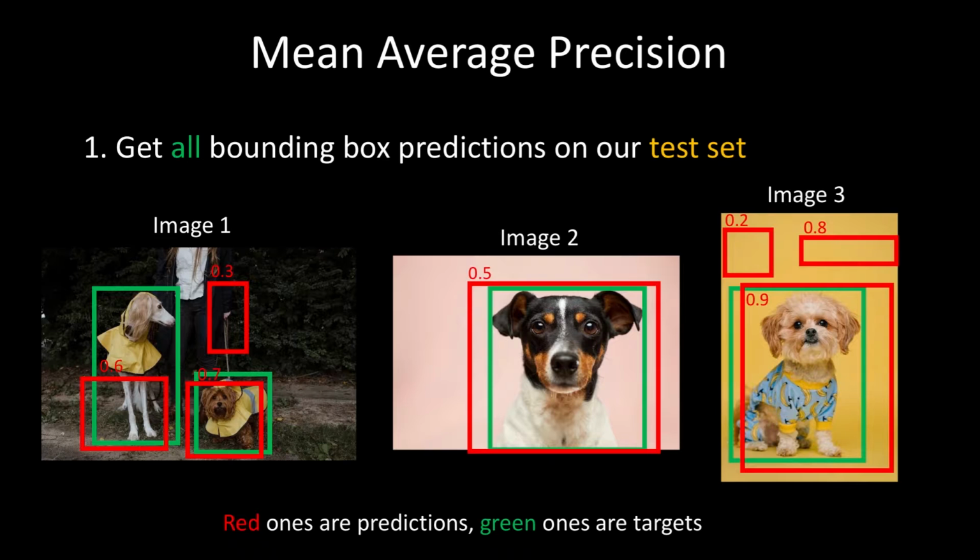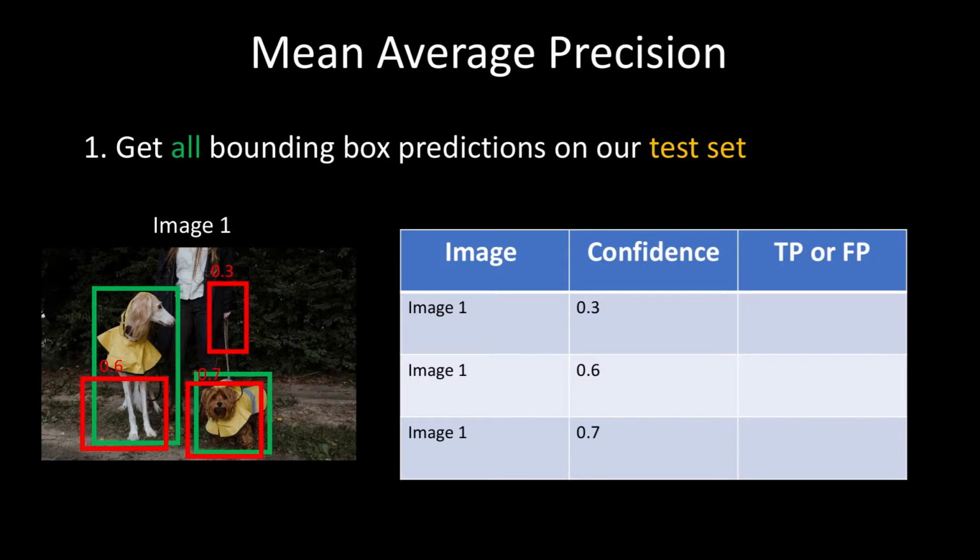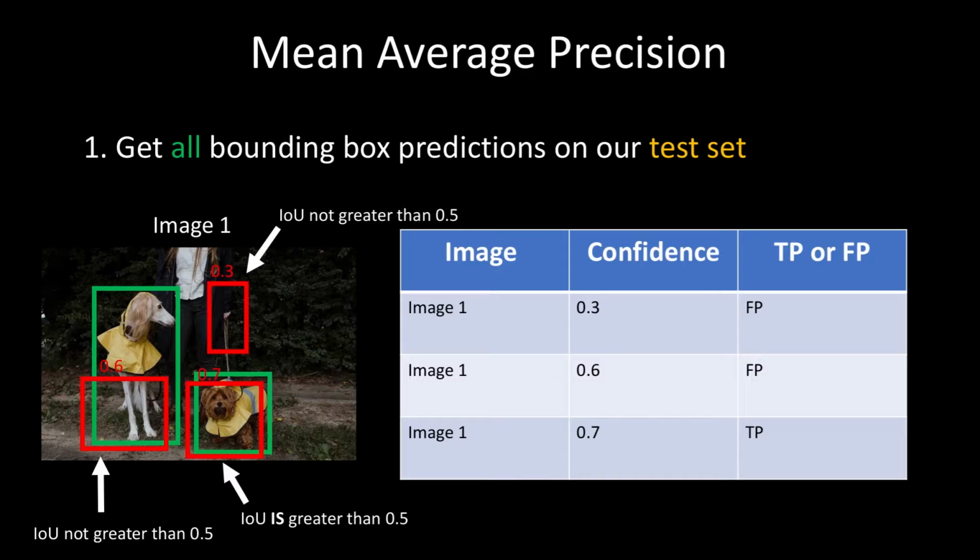So let's take a look at just the first image, and let's look at just the predicted bounding boxes. We have 3 bounding boxes with different confidence scores: 0.3, 0.6, and 0.7. If we want to evaluate whether each of those bounding boxes is a true positive or a false positive, then looking at the first one, with the 0.3 confidence score, it does not share an IOU with any target bounding box that's greater than 0.5.